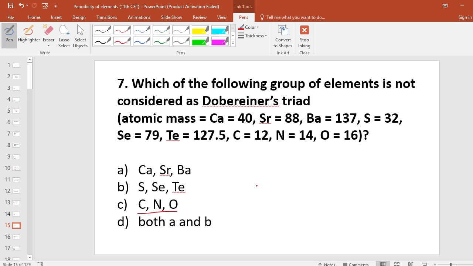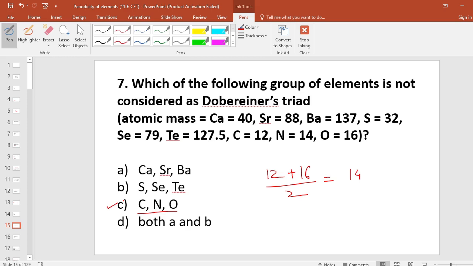In case of carbon, nitrogen and oxygen, you will find that the average will be 12 plus 16 divided by 2, which is equal to 14. Okay, but then this also appears to be a Dobereiner triad.